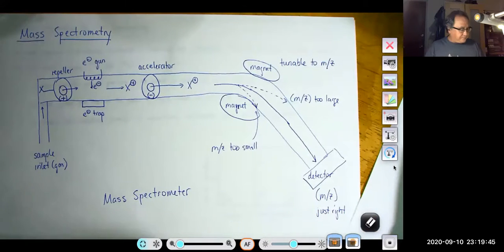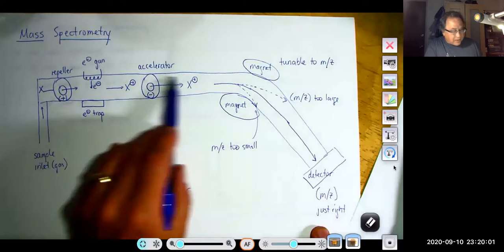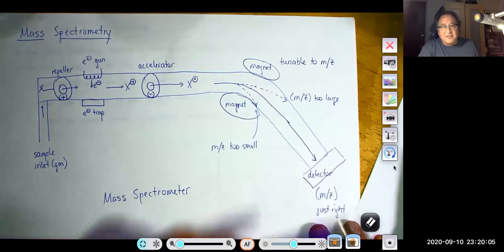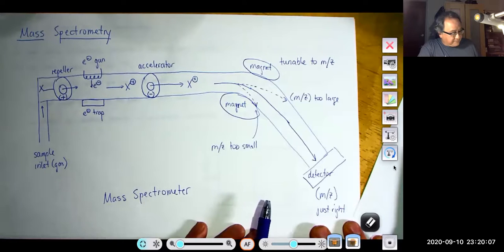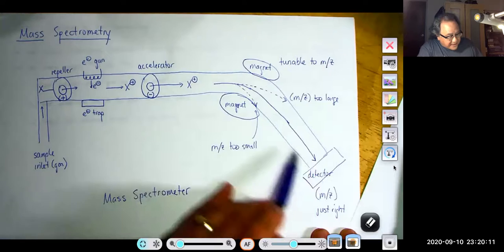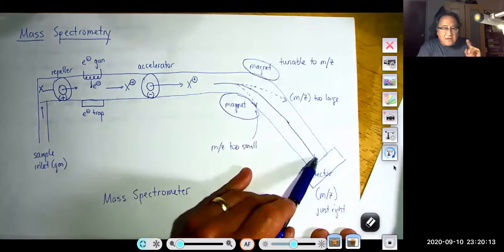And the reason these are pretty much whole numbers is because you have to remember that we're looking at relative masses, and the relative mass of a proton is 1, neutron is 1, electron is 0. So the masses of all these things coming through here are going to be built out of isotopes, which have whole number masses.